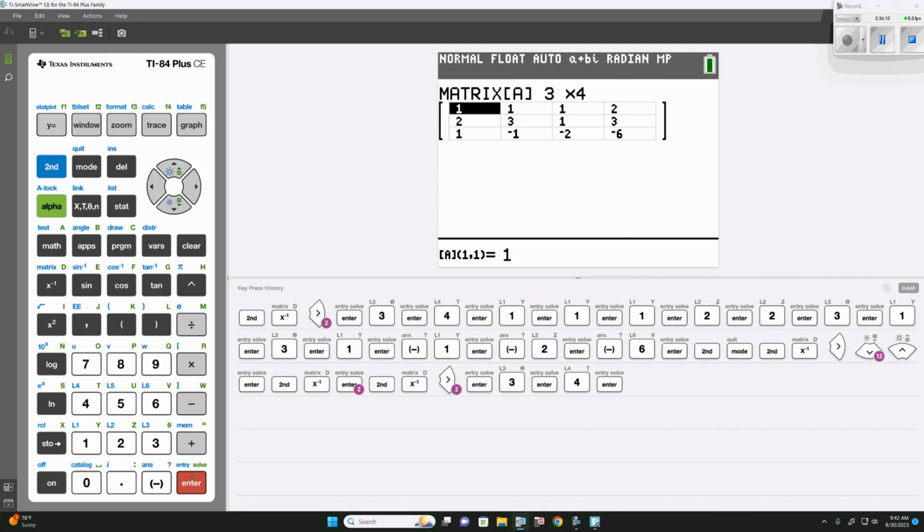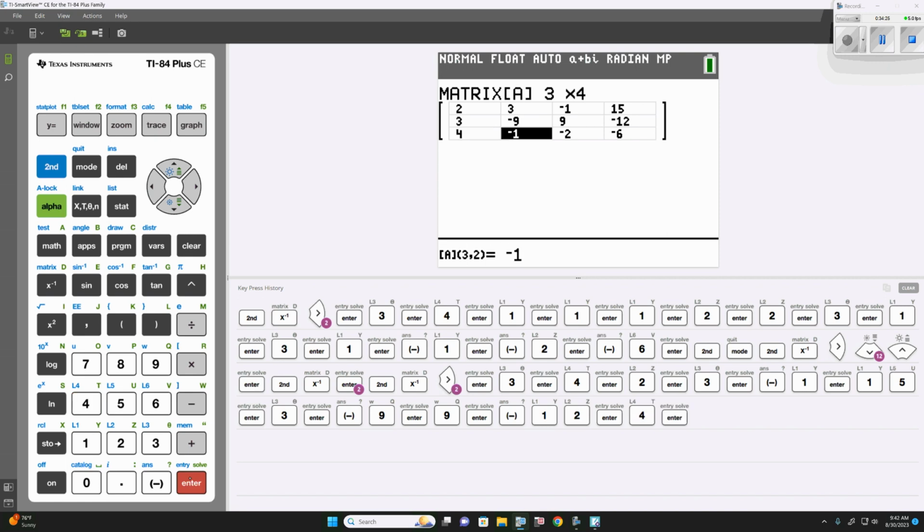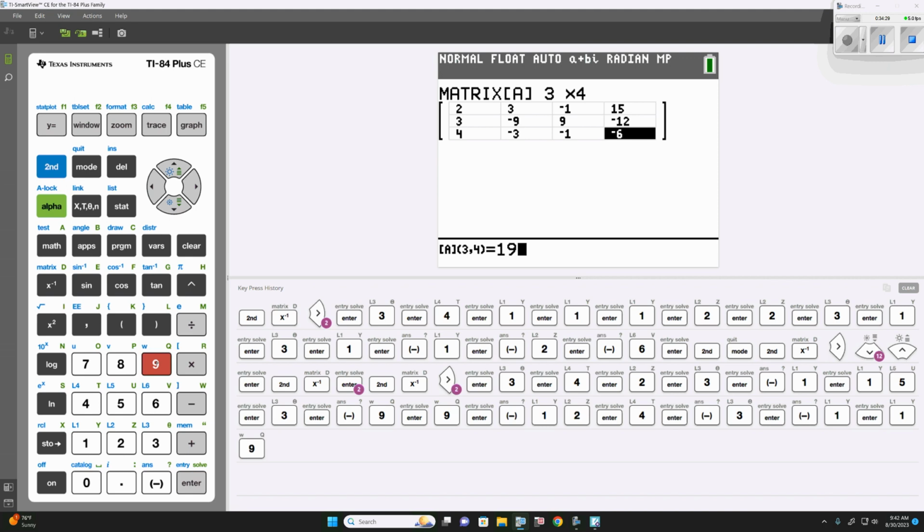Now going across the top, we have 2, 3, -1, 15, 3, -9, 9, -12, 4, -3, -1, 19. After I type each number in, I hit enter because enter will move it to the next spot.